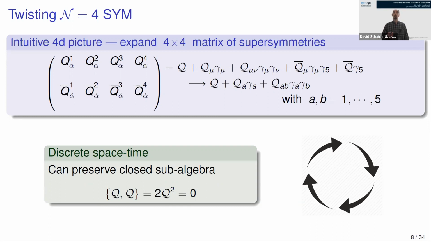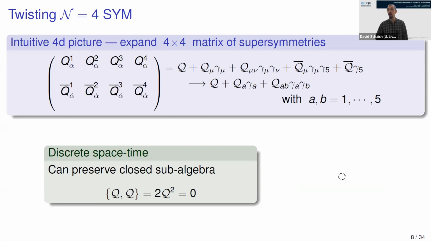In effect, a way we can think about this qualitatively is that we have constructed a linear combination of the original supersymmetries that, when squared, generates a linear combination of translations that circle back to the starting point, that can then be identified with a single lattice site and really made infinitesimally small as demanded by the super Poincare algebra.